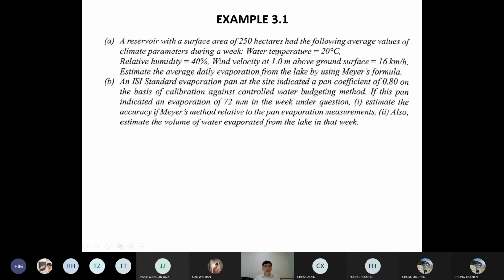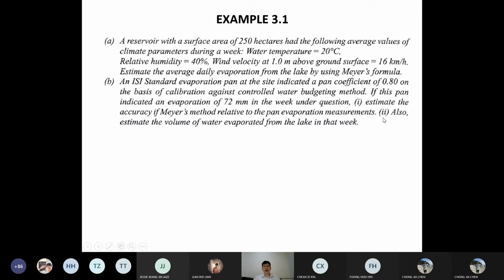You can see question number B, what he's asking. An ISI standard evaporation pan at the site indicated pan coefficient 0.8. So you see the CP is 0.8 and the calibration against the annual water budgeting method. If the pan indicates an evaporation of 72 mm in the week, under question, estimate the accuracy of the Mayer method relative to the pan measurements.